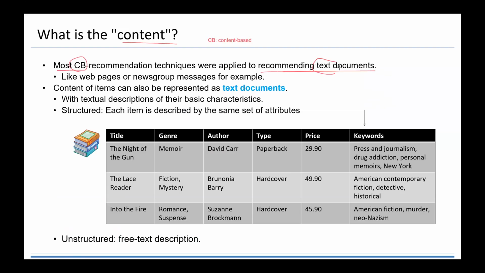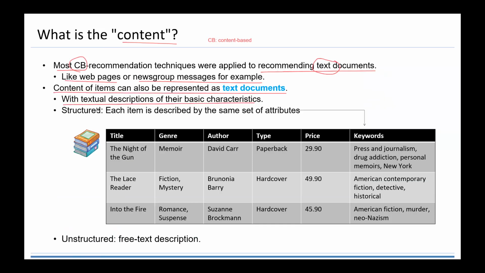If we are dealing with content-based, most probably we will deal with text, for example, web pages or newsgroup messages. The content of items can also be represented as a text document, and we are going to look more at the textual description with its basic characteristics.